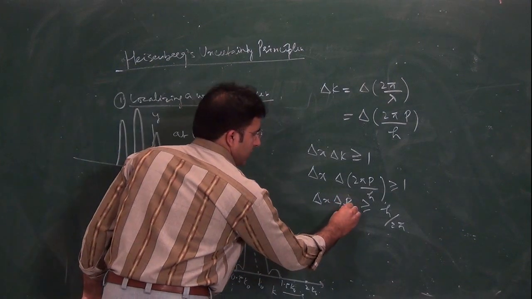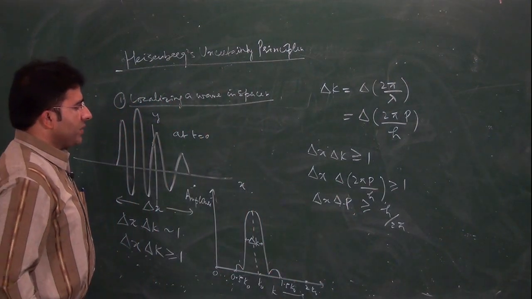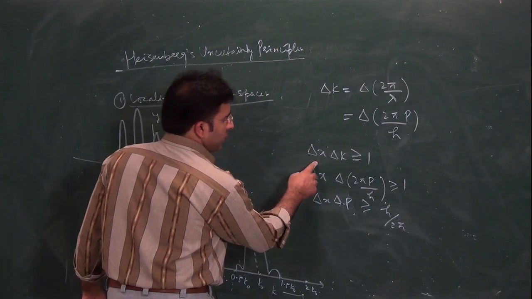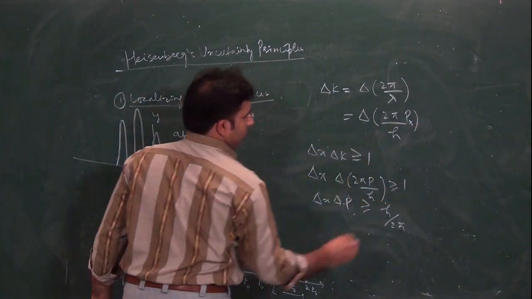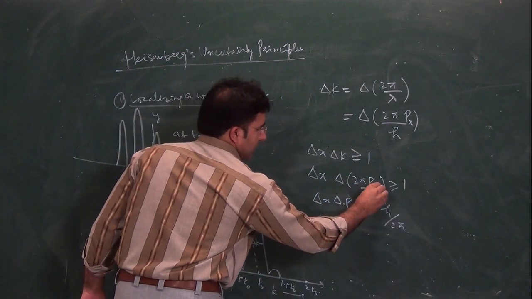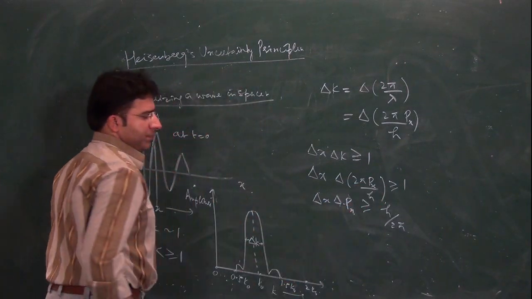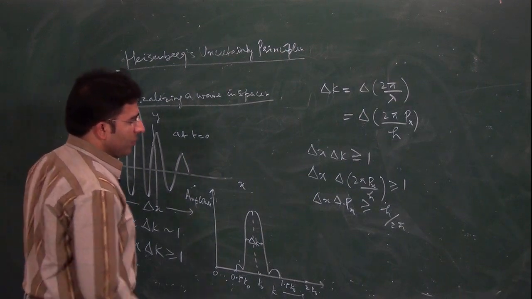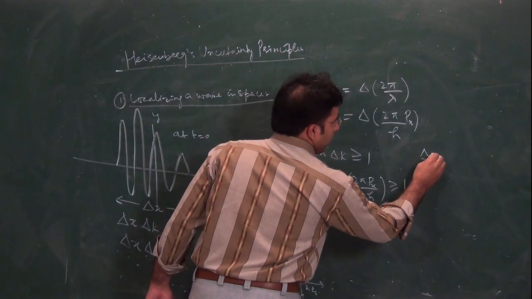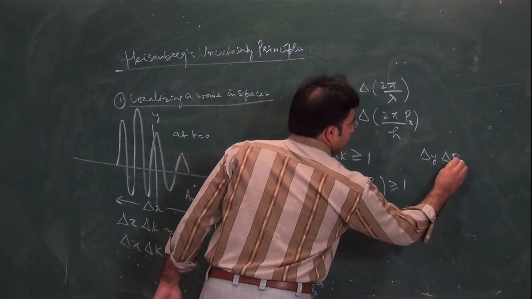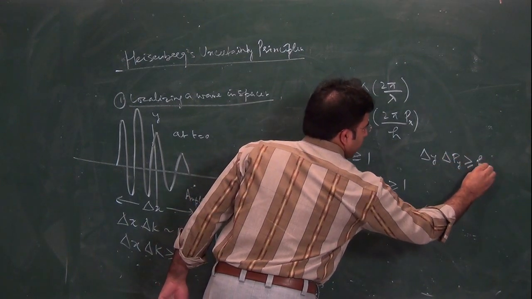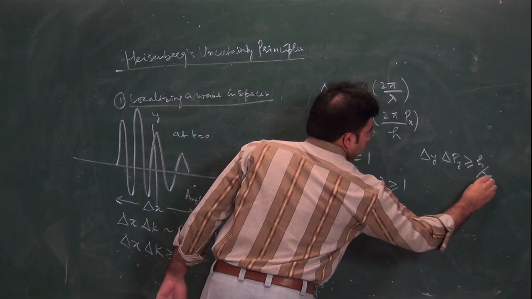Now since momentum is a vector quantity, when we talk of x position, we talk of the x component of momentum. That is here px. Likewise, we can obtain for y position, delta y delta py is greater than or equal to h by 2 pi.